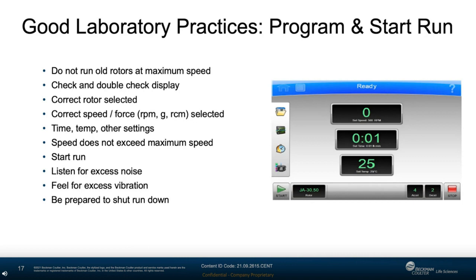This is related to the run speed selected and whether that speed exceeds what is safe. Note, though, that higher speed centrifuges have overspeed detection features to prevent rotors from exceeding their speed limits. But it is still good practice to follow rotor speed limits, especially with older rotors.